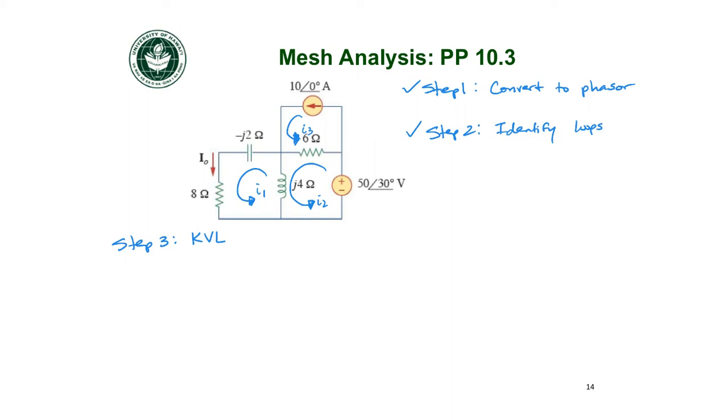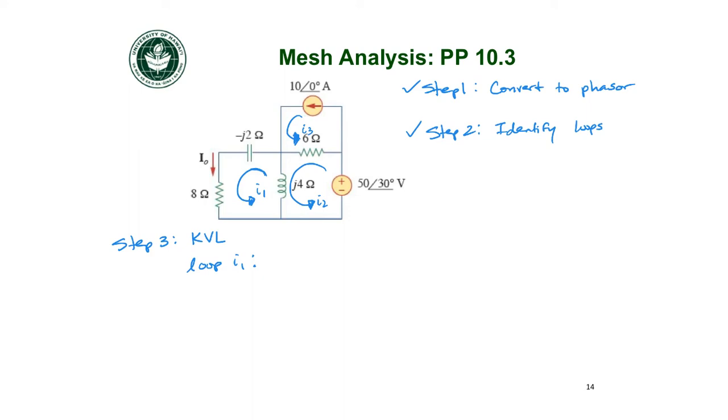So let's look at the loop that contains mesh current I1. It doesn't matter where we start, so let's just start where the tail of this arrow is.